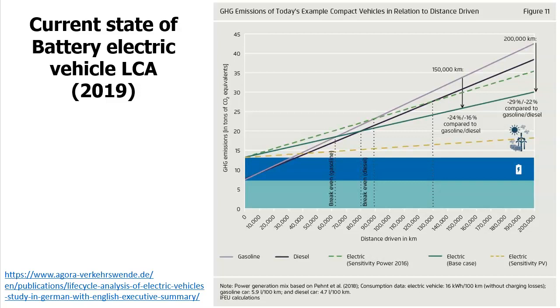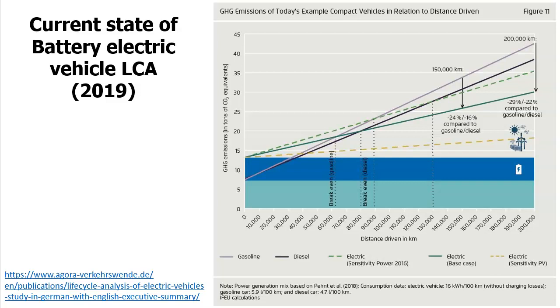That means we need regular updates on the latest battery technologies, the latest electricity mixes, to see how the footprint of electric vehicles that are currently produced changes with time and how they then perform compared to gasoline vehicles. So this graph here shows a study that was released in 2018 showing the break-even point of electric vehicles versus gasoline and diesel vehicles as produced in 2018.